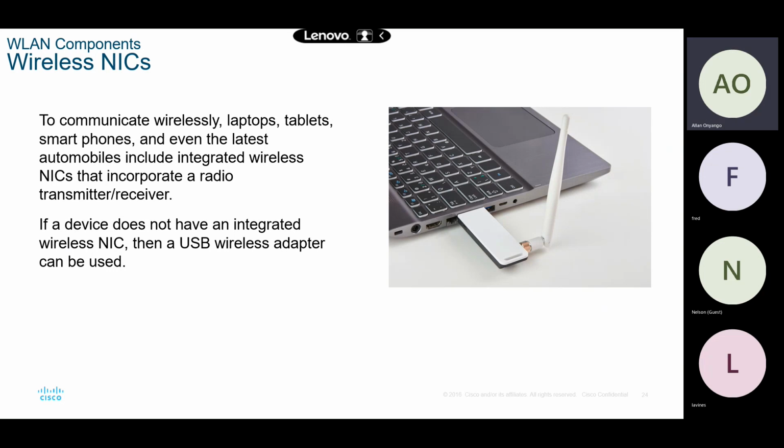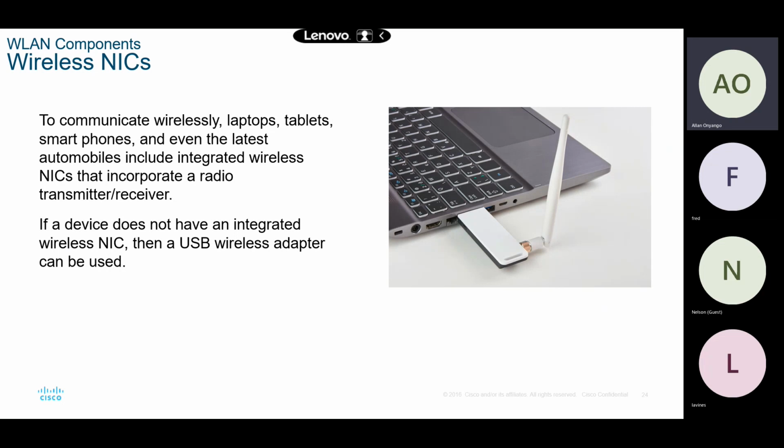That therefore means that we also have wired NICs. And so laptops, tablets, smartphones, and any latest automobiles must have integrated NICs that incorporate a radio transmitter and receiver for these signals, okay?